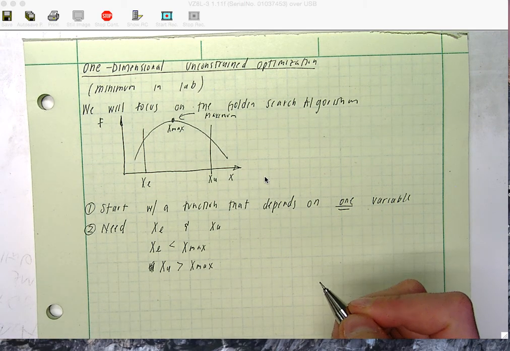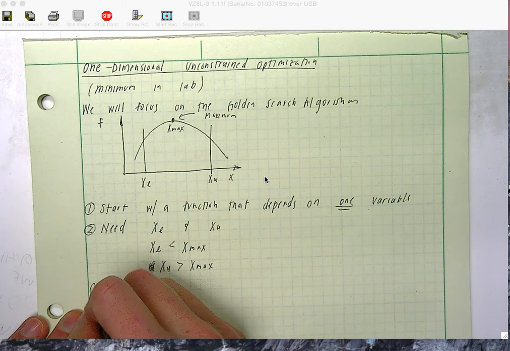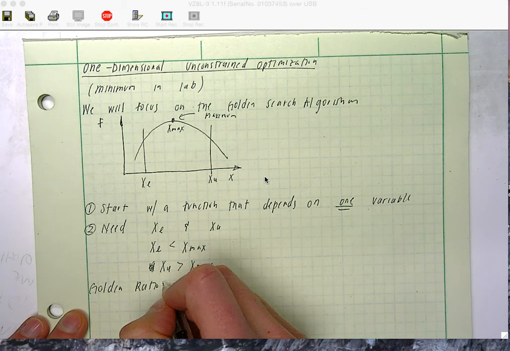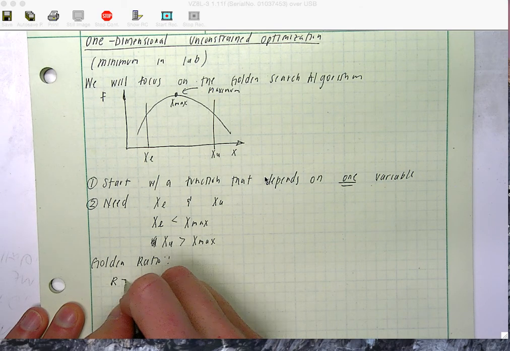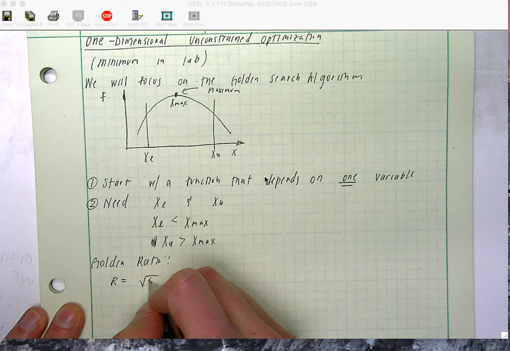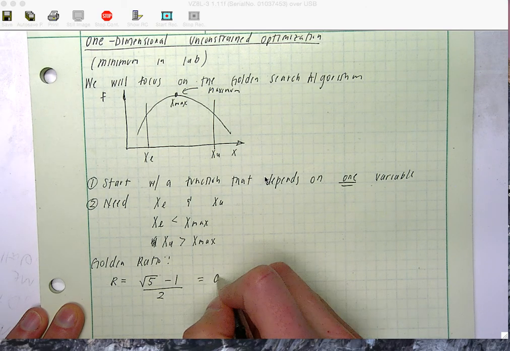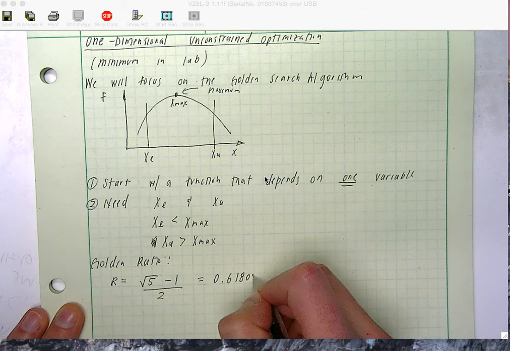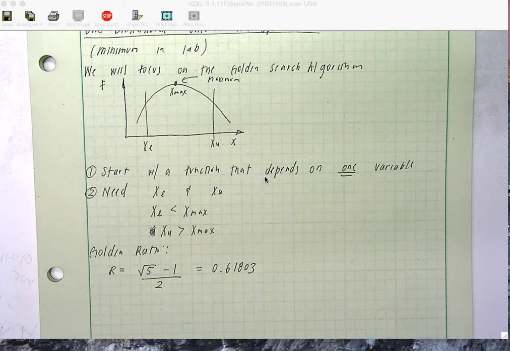And this method uses something called the golden ratio. The golden ratio is this number, the square root of 5 minus 1 over 2. It's approximately 2/3, but not exactly. And this is what the Fibonacci sequence approach is.